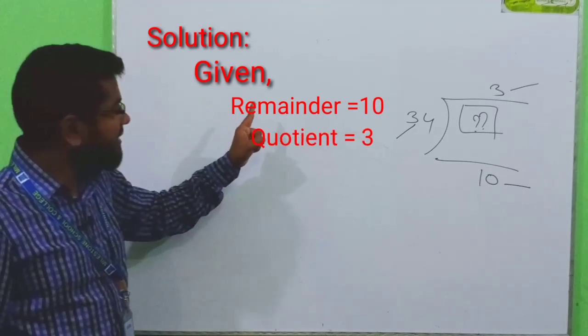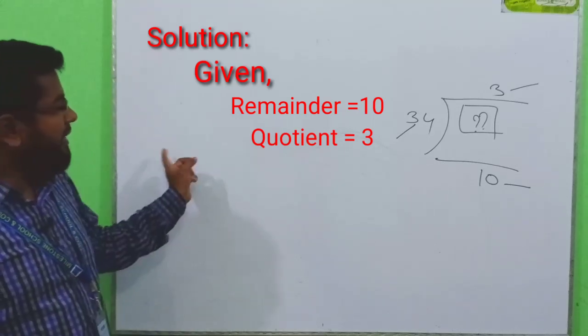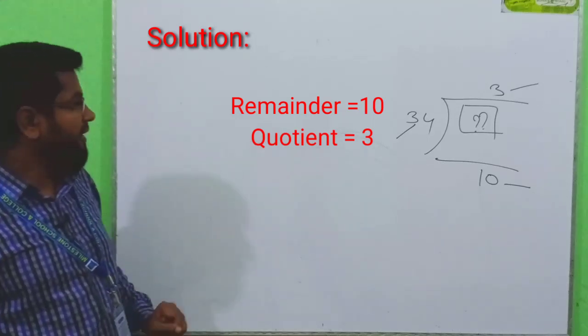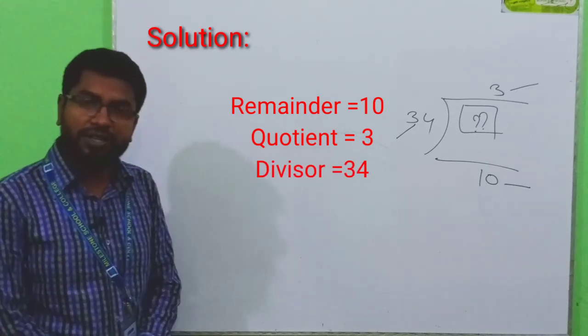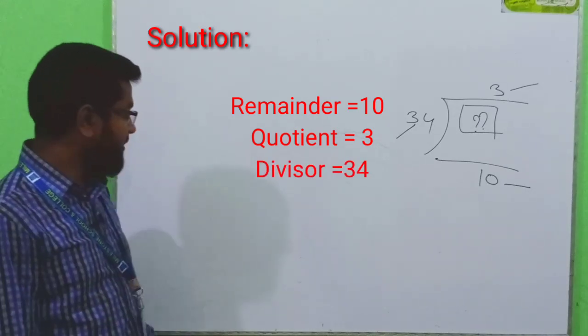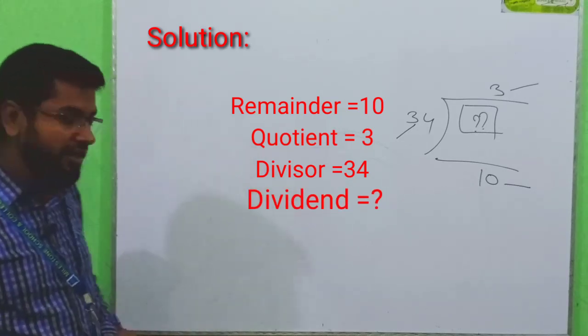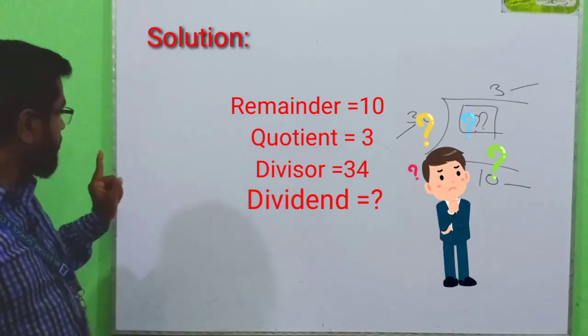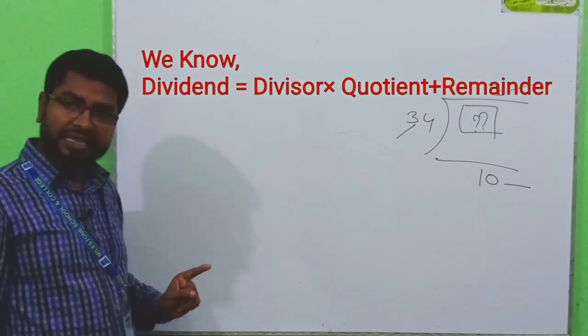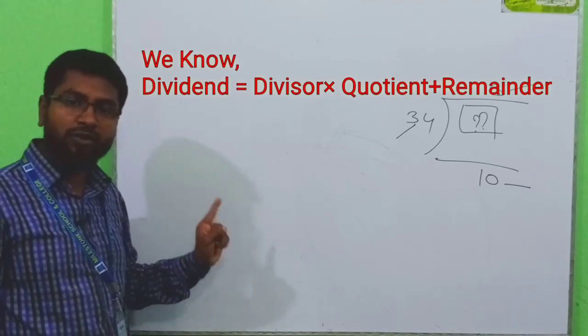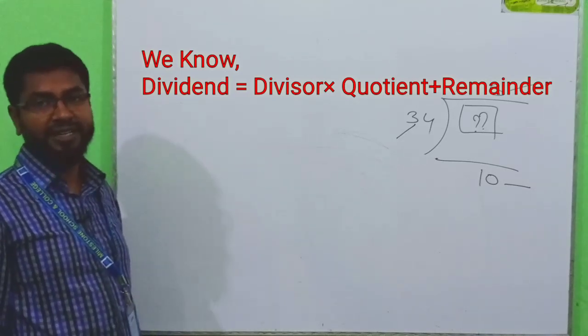Quotient is 3. Remainder is 10. And divisor is 34. We need to find out the dividend. Dividend equals question mark. So we will write, we know dividend equals divisor multiply quotient plus remainder.